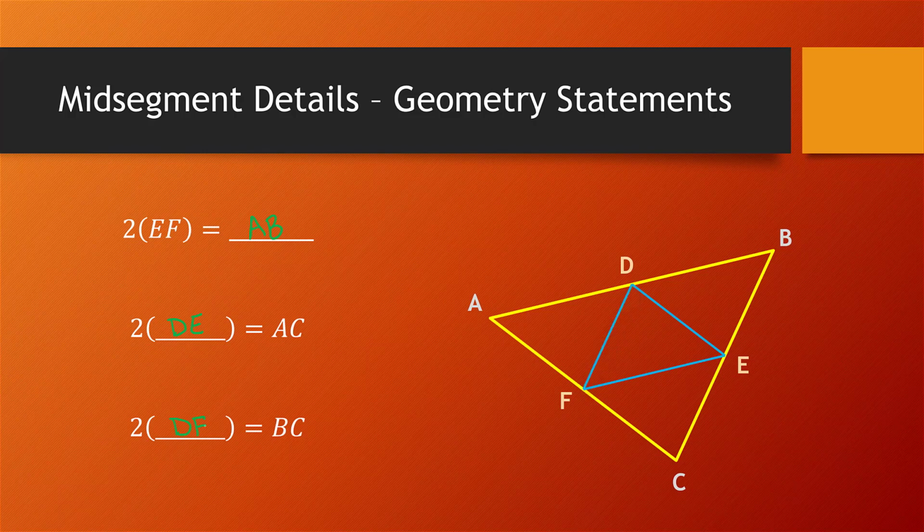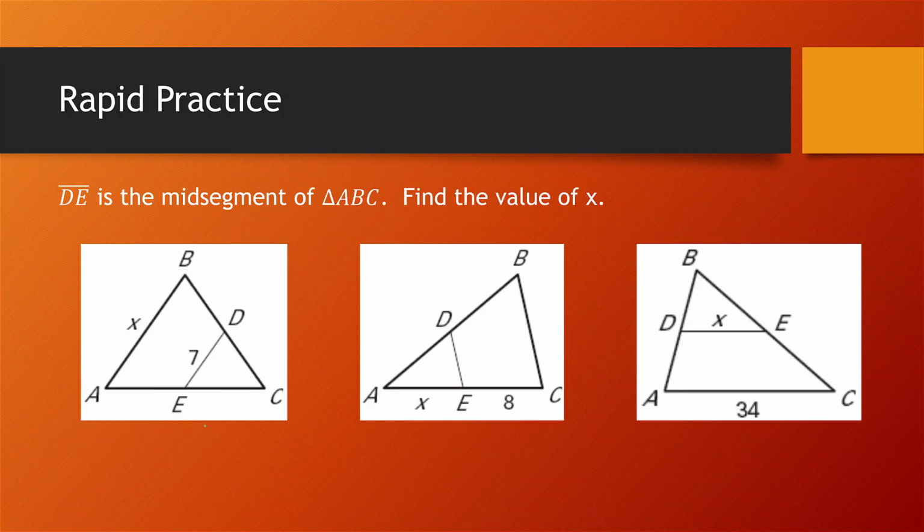All right, so there's all of our big ideas and the general understanding about midsegments and triangles. Let's put some algebra to this. Here's some rapid practice, which means that we're not going to show a lot of work. DE is a midsegment of triangle ABC. Find the value of x.